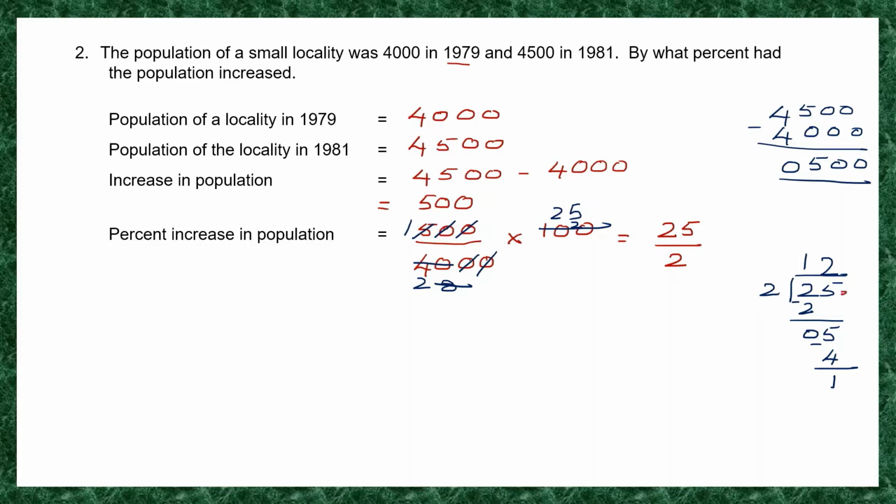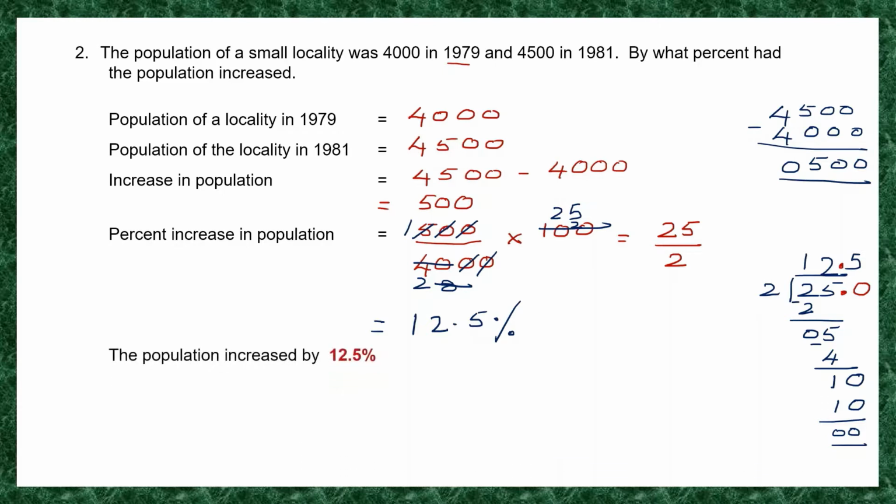So I'm going to put a point here, carry that point up. Now once I put my point in my dividend, I can keep adding zeros. So I'm going to bring that 0 down. So now my number is 10. 2 5s are 10. 0. Okay, so I have found the percent increase in population to be 12.5%.